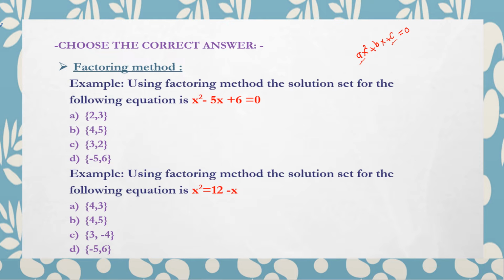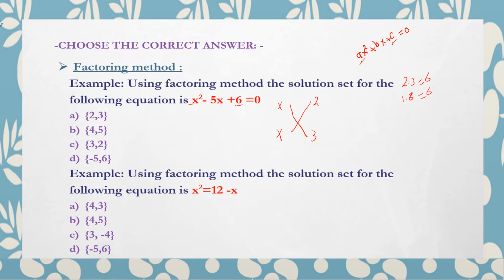So a here equals 1 and c equals 6. So by factoring x^2 into x times x, and factoring 6 into 2 times 3. So 2 times 3 equals 6, and also 1 times 6 equals 6. Let's try using 2 and 3.